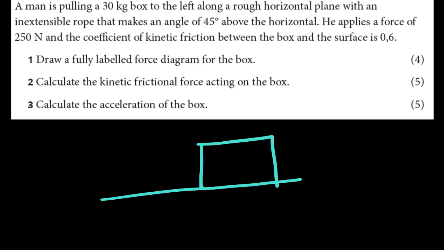So this is a box which is 30 kg, and then it is pulled along a rough horizontal plane.